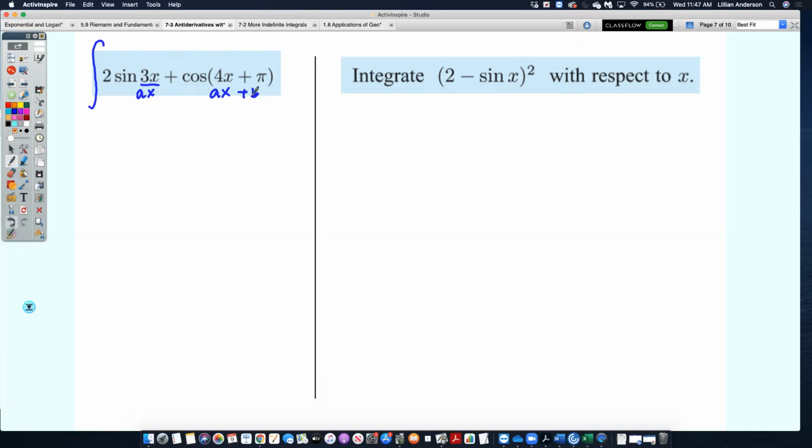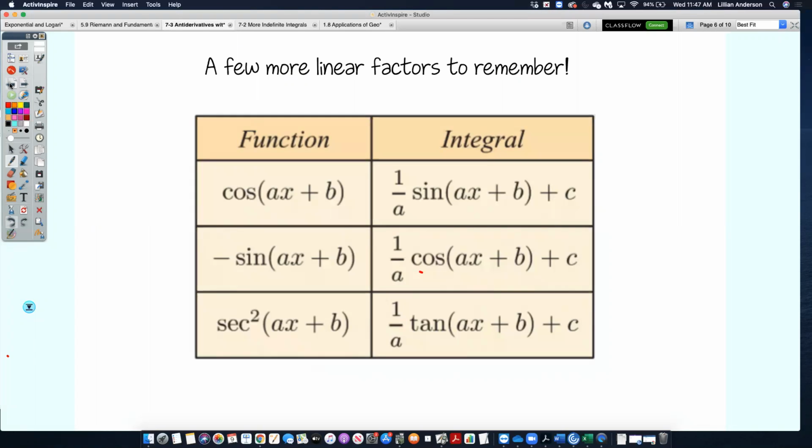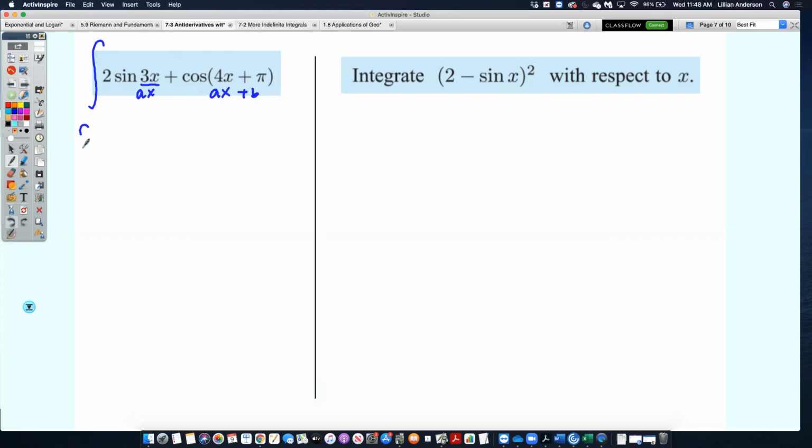Be very careful. You see how it's negative sine ax plus b is equal to 1 over a? So if it's a positive sine, this one here would have to be negative. So I'll have 2 times a negative 1 over a, which is 3, cosine of 3x.